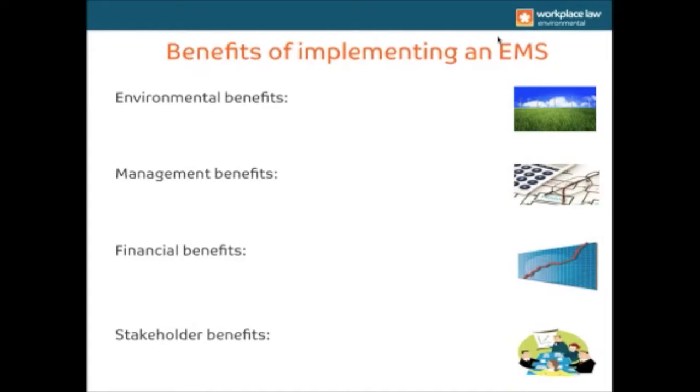So stakeholder benefits could be a better place in the supply chain. There could be better relationship with regulator, better relationship with customers, better relationship with internal staff. There are various stakeholder benefits.